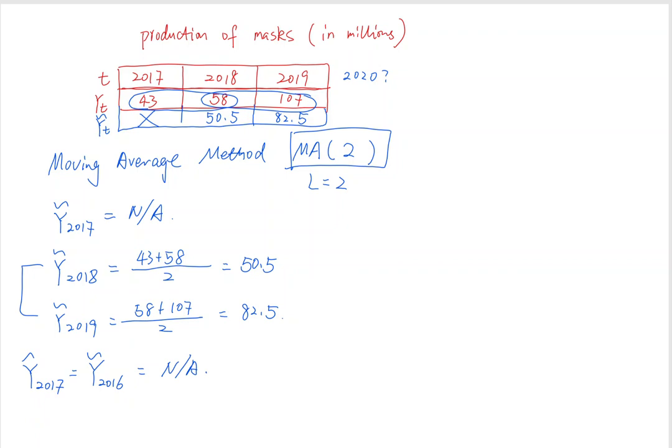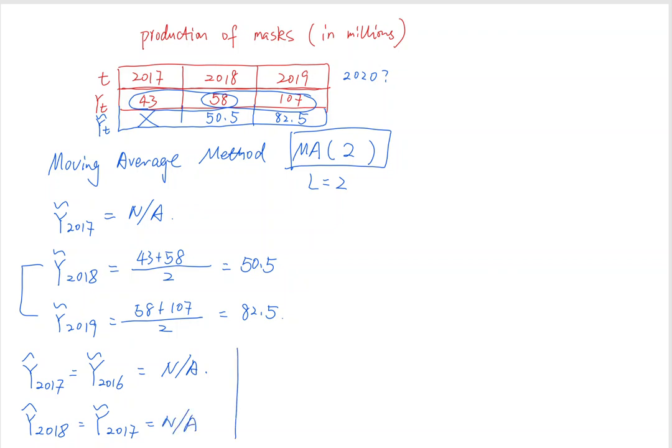What about the predicted value of 2018? It equals the estimated value of the previous year, 2017. Do we have the estimated value for 2017? No, so it is also not applicable.